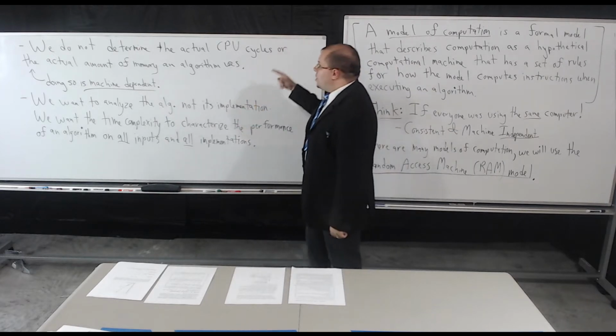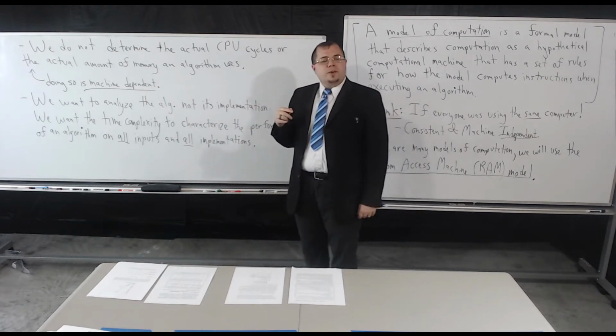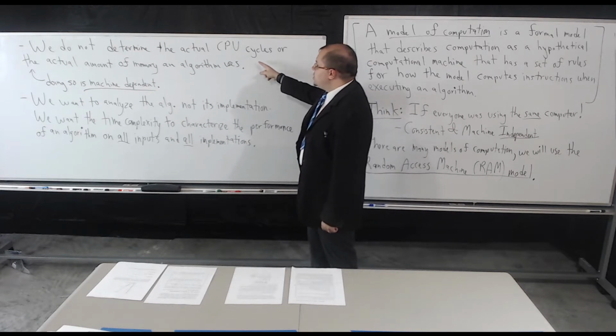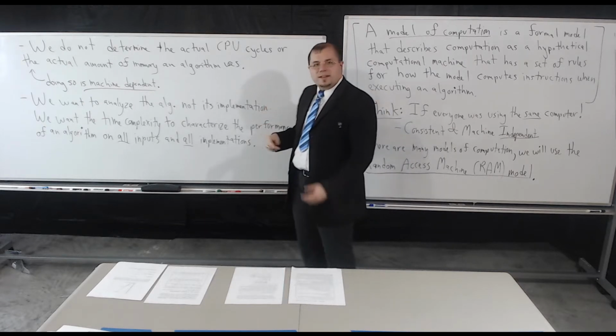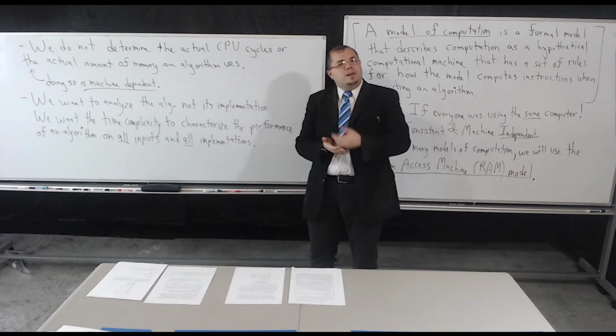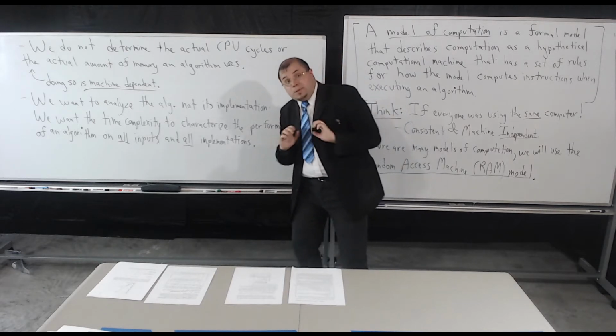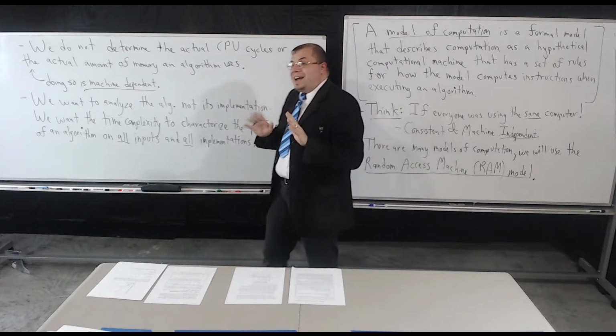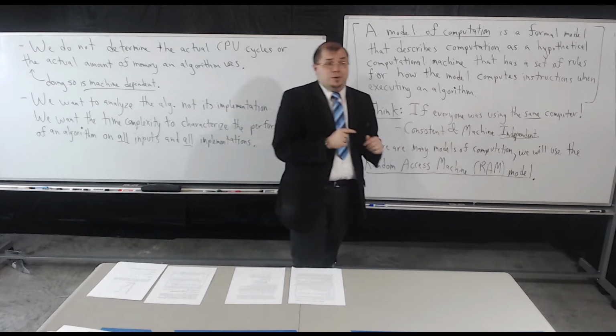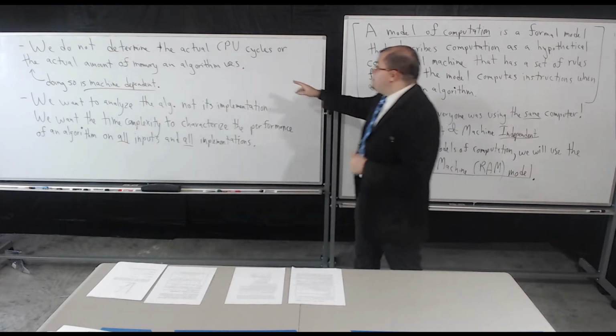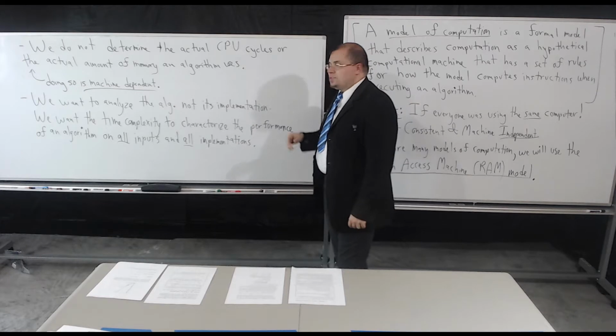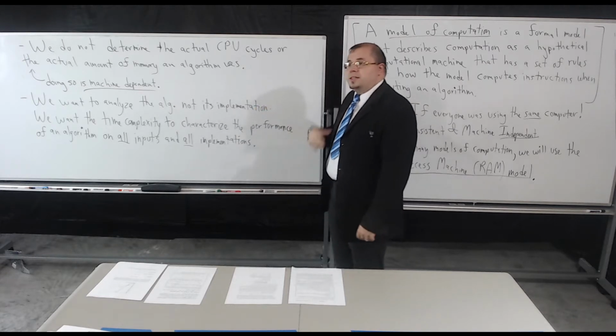Now, in our analysis, for analyzing our algorithms, we're not actually going to determine the number of CPU cycles, because every one of our instructions in our algorithm, eventually on a tangible computer, now remember, I don't want to really tie everything down to just one computer. I'm not going to measure it in actual CPU cycles or the actual amount of memory on the computer.